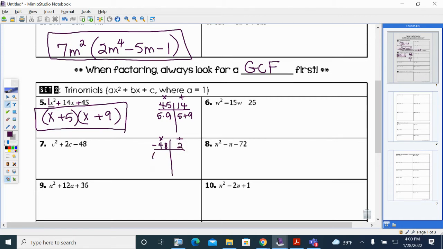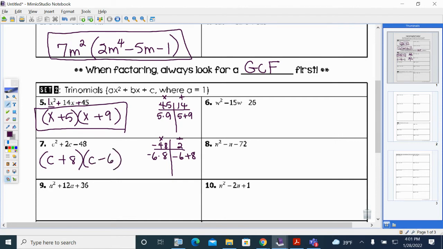Well, 6 times 8 is 48, not a negative 48. So if I make the 6 negative, negative 6 times 8 is a negative 48, and negative 6 plus 8 is a positive 2. So I found my two numbers. So this is going to factor into c plus 8 and c minus 6.